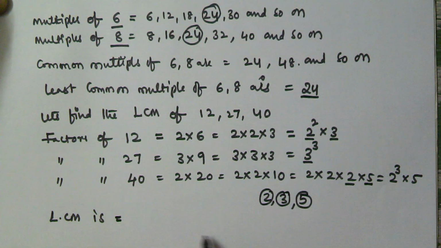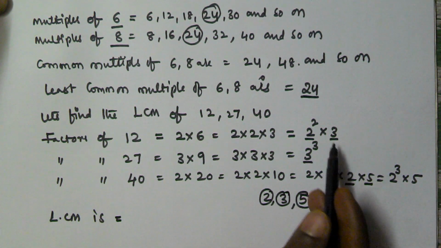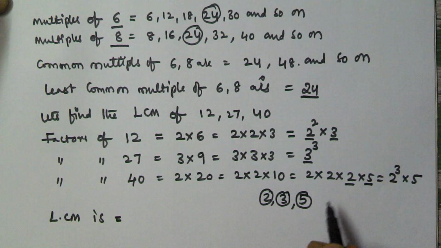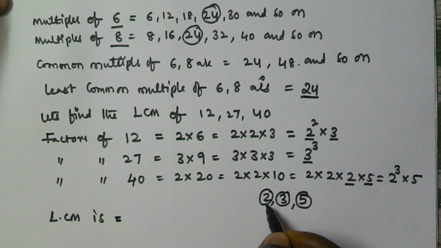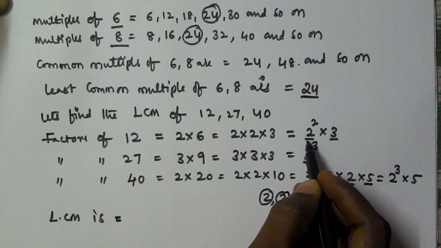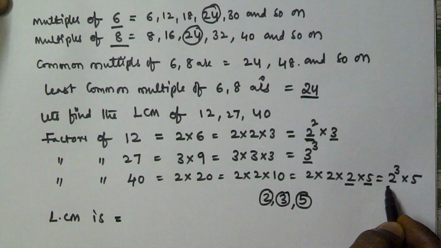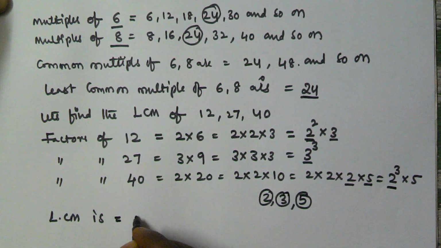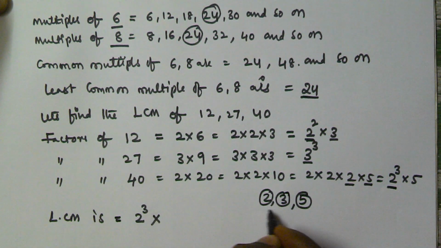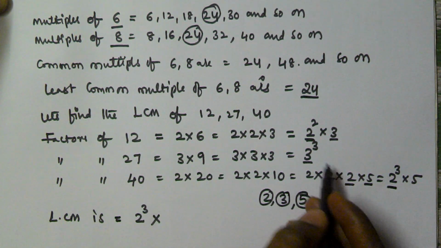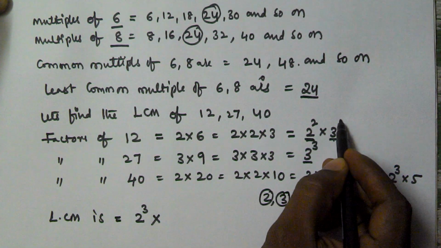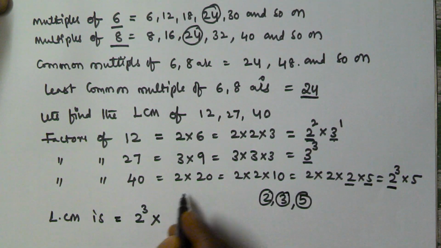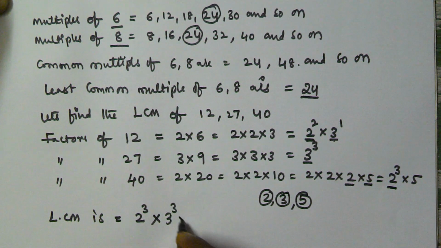Then for the LCM we have to take the highest powers of all these numbers from these factors. What is the highest power of 2? 2 square is there and 2 cube is there. So the highest power of 2 is 2 cube, into the highest power of 3. 3 to the power of 1 is there, 3 cube is there. So I'm taking 3 cube, it is the highest power.